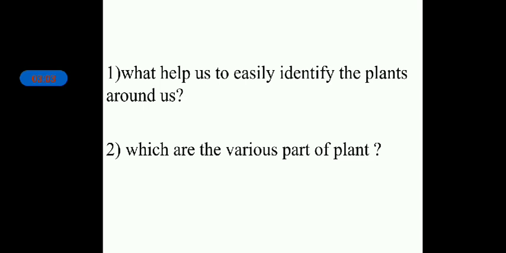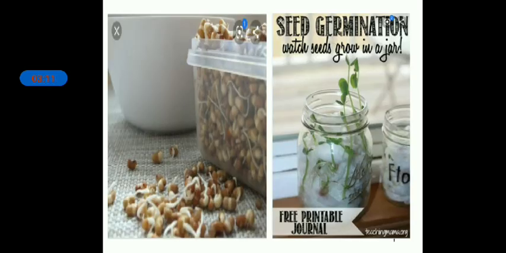Now before we start learning the parts of plants, we will learn one experiment. This you can also perform at home. It is present on page number 10. Keep a moistened ball of crumpled paper in a conical flask. Instead of crumpled moist paper, you can take cotton balls as well.